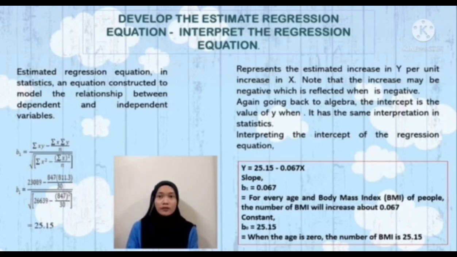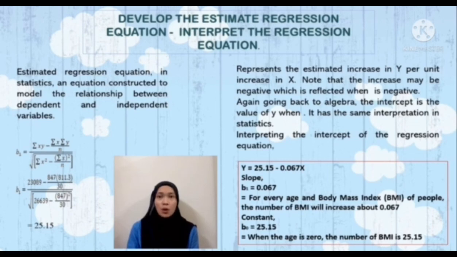So the sum of the count I have been able to get is 25.15 to estimate the regression equation for age and body mass index BMI. In addition, to interpret the regression equation, age and BMI of people must represent the estimated increase in Y per unit increase in X.